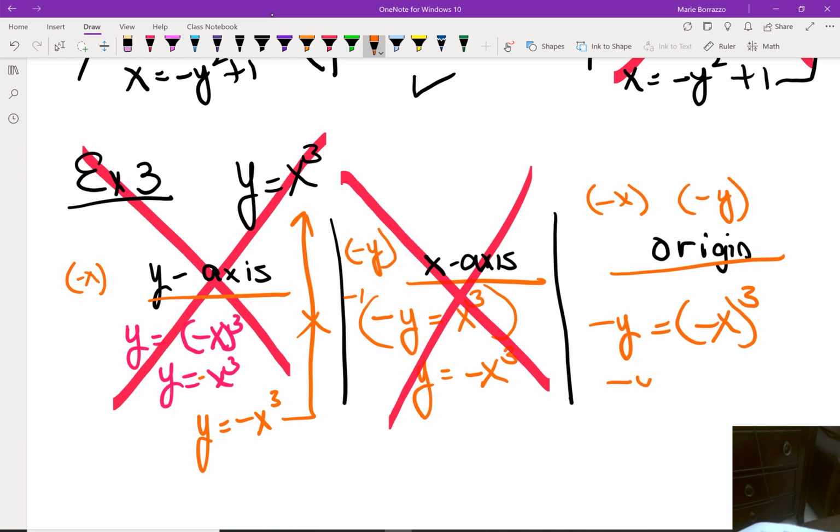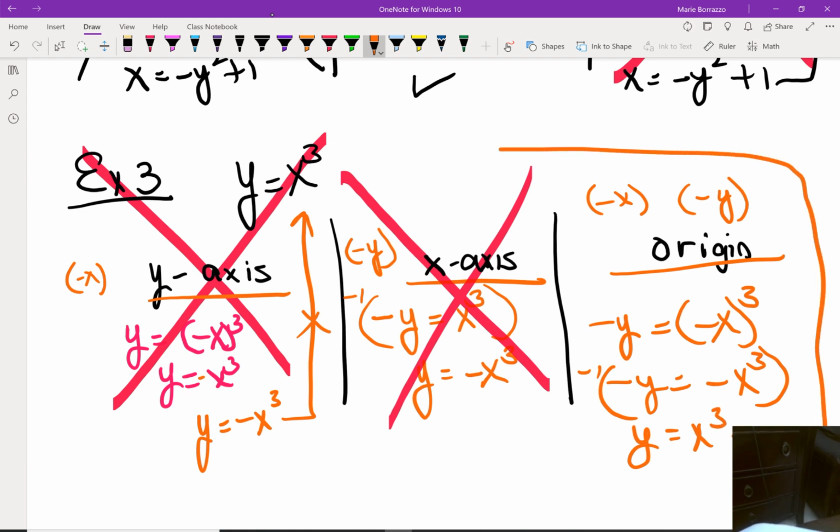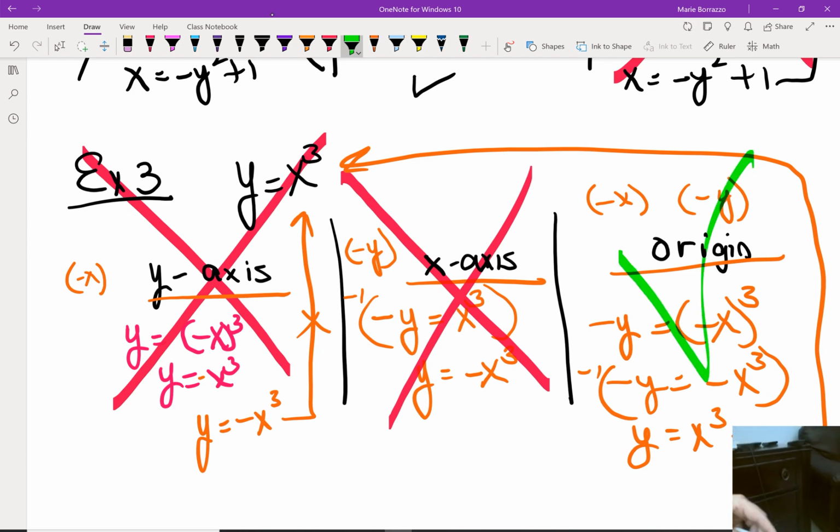Initially, you're going to get negative y is equal to negative of x cubed. And then lastly, we're going to multiply by negative 1 to get positive y is equal to x cubed. Notice that this is the same as the original function, and therefore this is a winner. This does have origin symmetry. As a matter of fact, all cubic functions have origin symmetry.